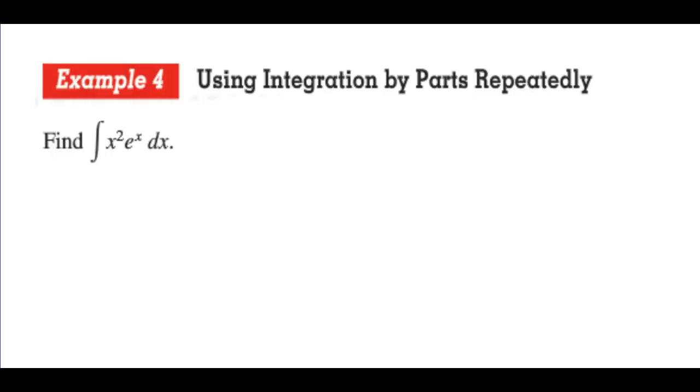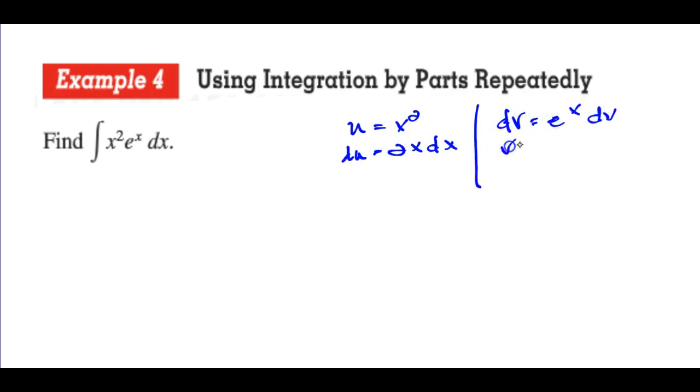Example 4 can be worked out the traditional way, but I'm going to introduce a shortcut method as well. So if we let u be x squared and du be 2x dx, and then dv be e to the x dx, and I integrate that, I'll get e to the x, then I can do my uv minus integral v du technique, but I'm going to have to do another one.